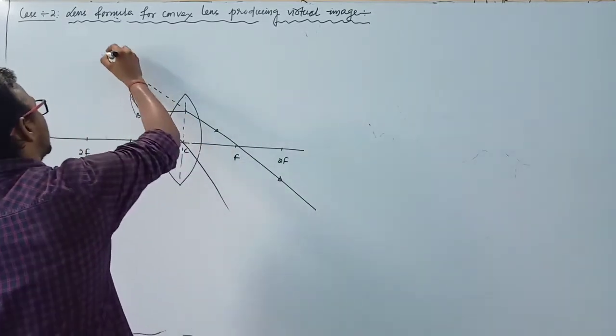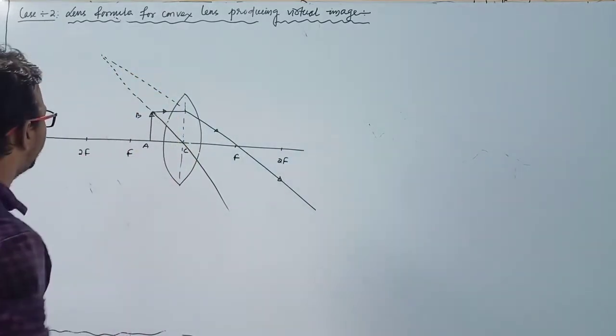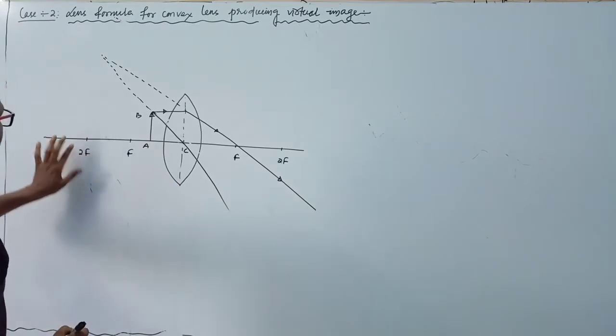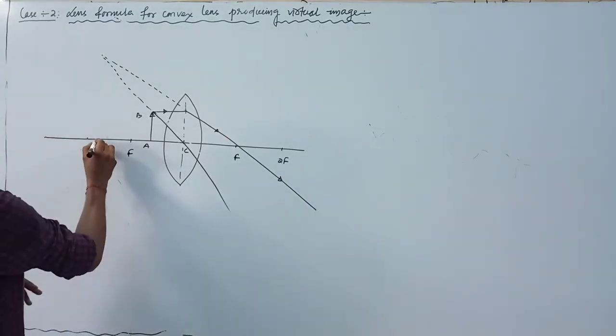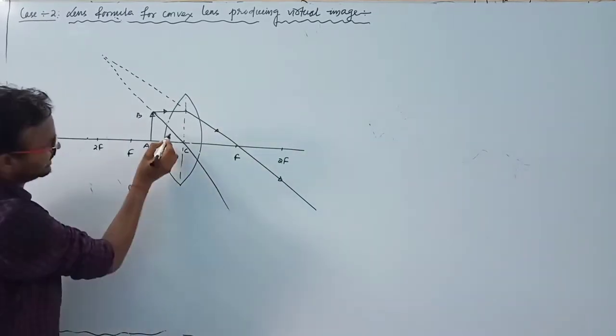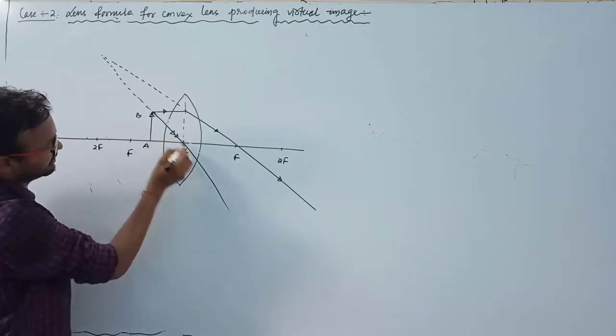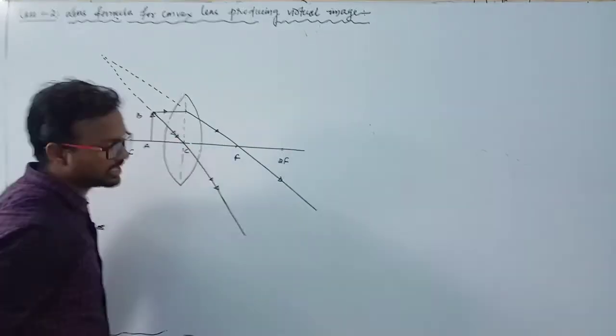the ray which passes through the optical center travels undeviatedly, and this image will be formed beyond 2F. Suppose this distance is 2F, and this is the second ray which passes through the optical center, and it travels in a straight line undeviatedly.